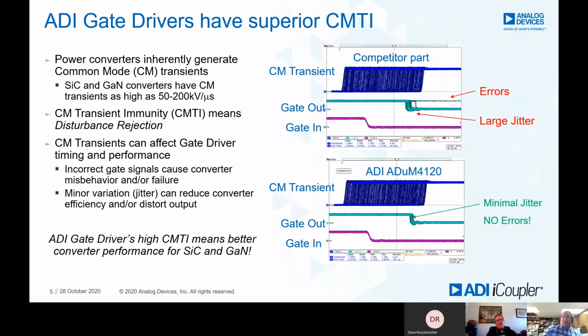The big thing you want is a short dead time, so that you can control the switch and get it back on as quickly as you can to minimize your losses. Having well-defined, repeatable timing lets you switch faster, so you'll get higher performance in your converter. Okay. All right. Very good.